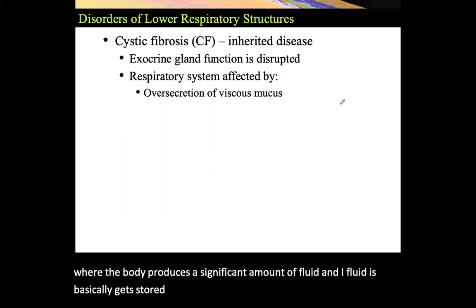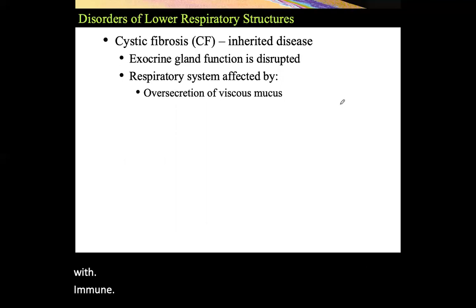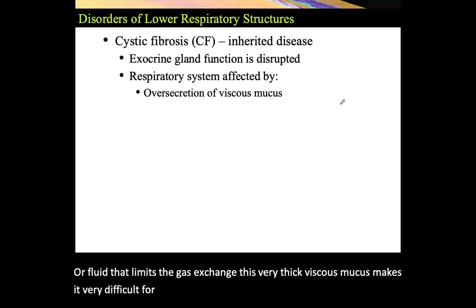Imagine the alveoli are filled with mucus or fluid that limits the gas exchange. This very thick, viscous mucus makes it very difficult for individuals to effectively exchange gas with their blood vessels.